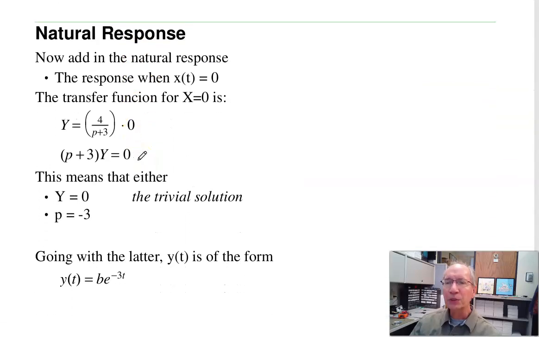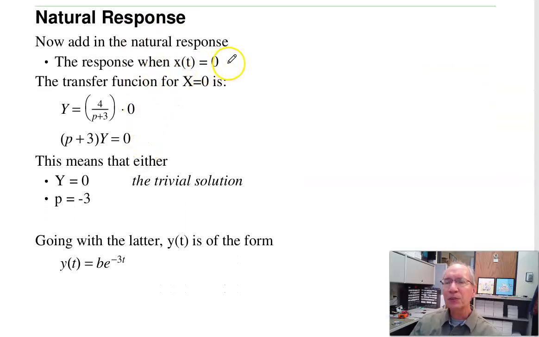Now add in the natural response. The natural response assumes x of t equals 0. So I have this form. Cross multiply, I get p plus 3 times y equals 0. This has two solutions. Y equals 0, that's the trivial solution, or p is minus 3. Going with the latter, it says that y of t is in this form. Again, I'm assuming everything's in the form of e to the pt, so p is minus 3. There's the natural response.